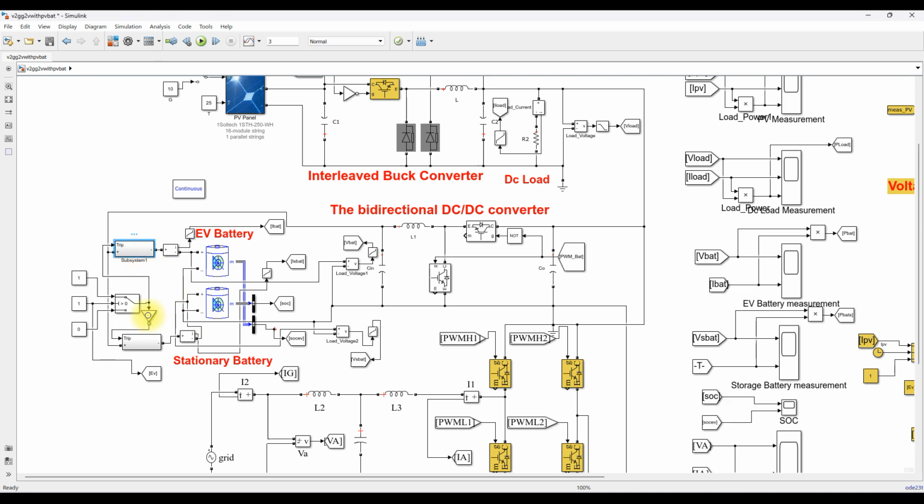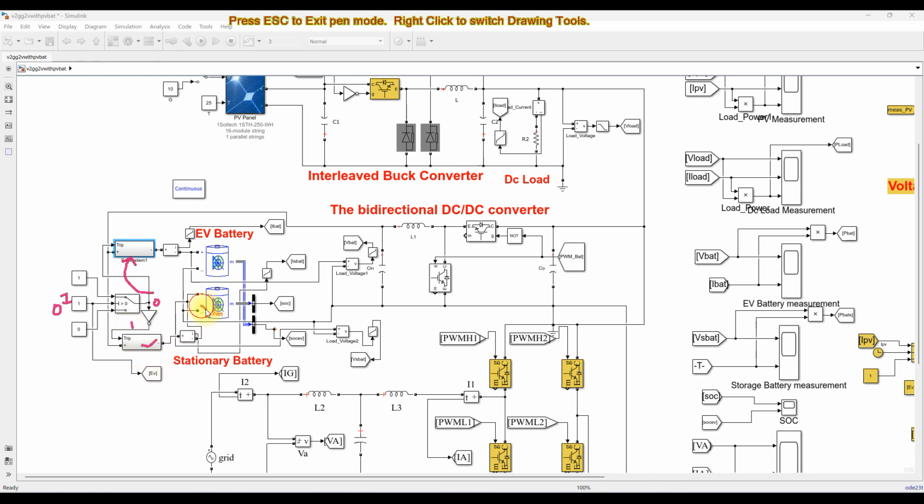For that we have some logic, that means here we have a circuit breaker. This is a control logic: if it is 0, it means EV is not connected to the system. If it is 1, it means EV is connected to the system. If it is 0, it will generate 0 here and trip this circuit breaker, and then here we will have 1, and it will enable this trip.